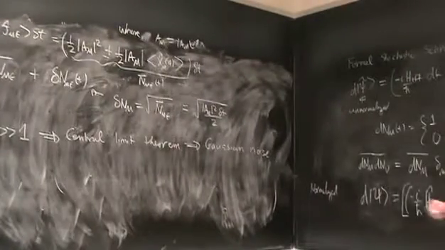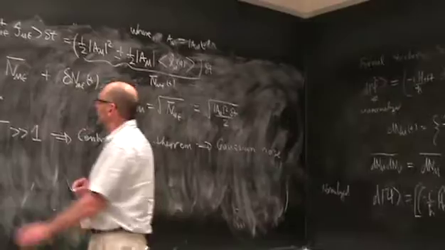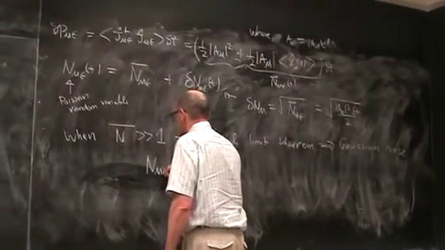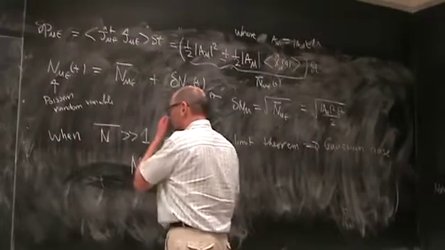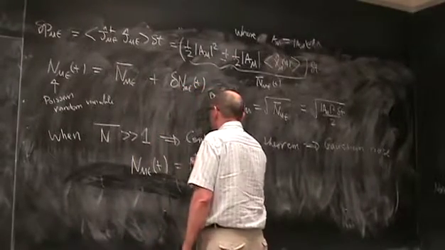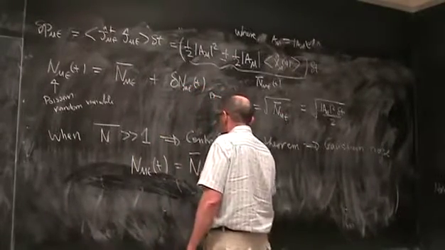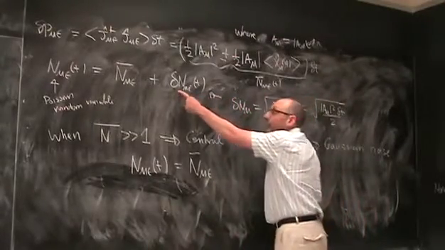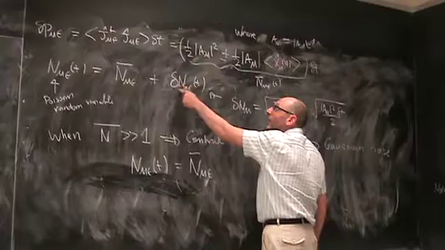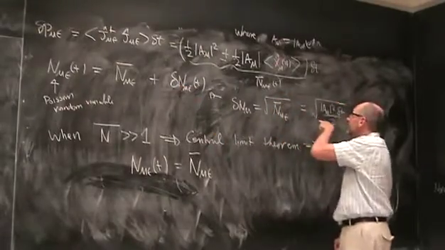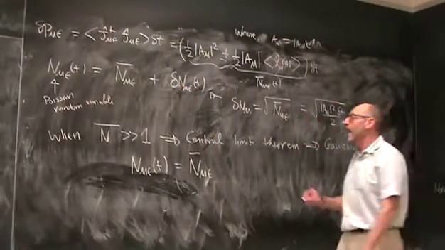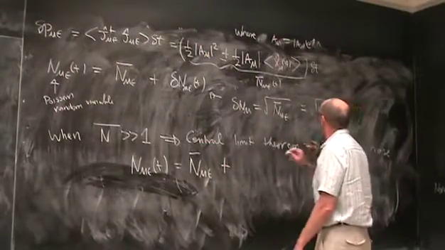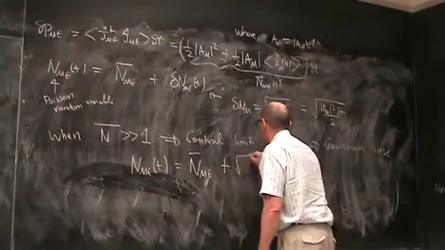So if it's Gaussian, then we can write this in a different way, which is convenient. We say this random variable is equal to the mean, but the fluctuation is Gaussian. Instead of a Poisson random variable, which has this fluctuation, we have a Gaussian random variable, which has this fluctuation. And so we write this as follows.